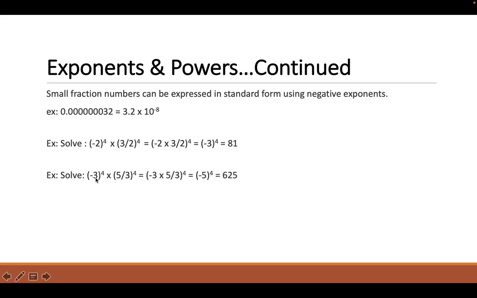Again it is coming like this, same exponents, and this is the value coming out. Now this could have minus only if the exponent is an odd number. If the exponent is even, that's why minus 5 to the power 4 is positive 625.